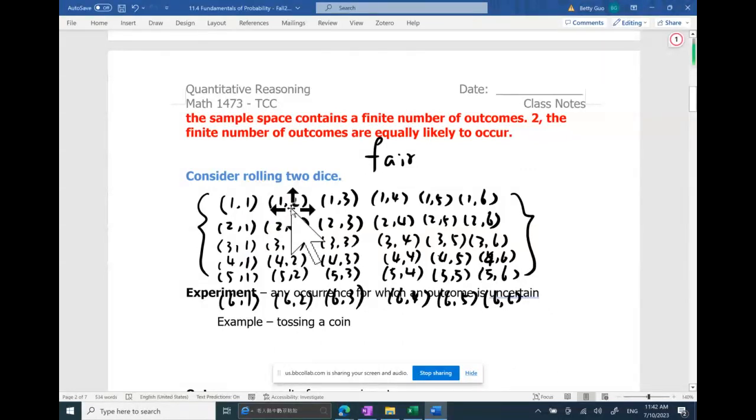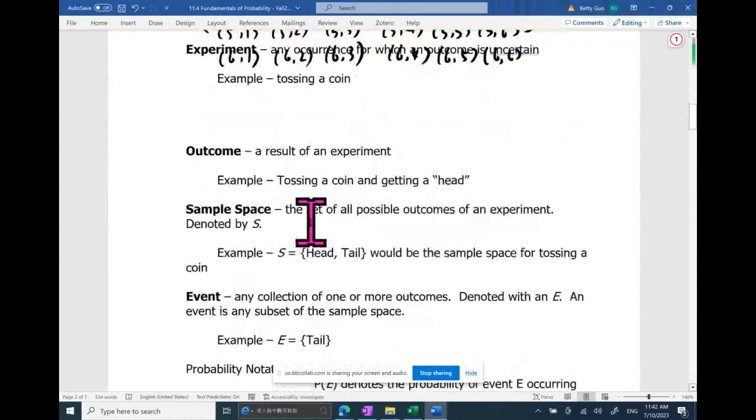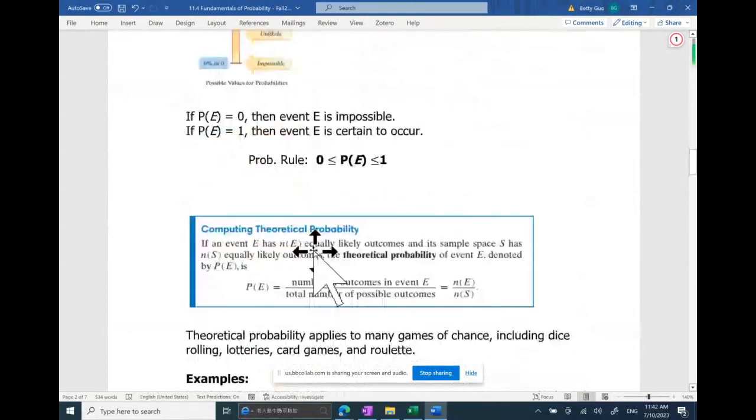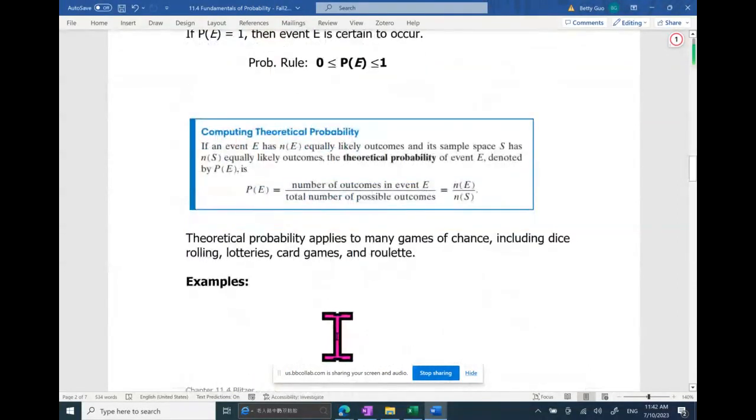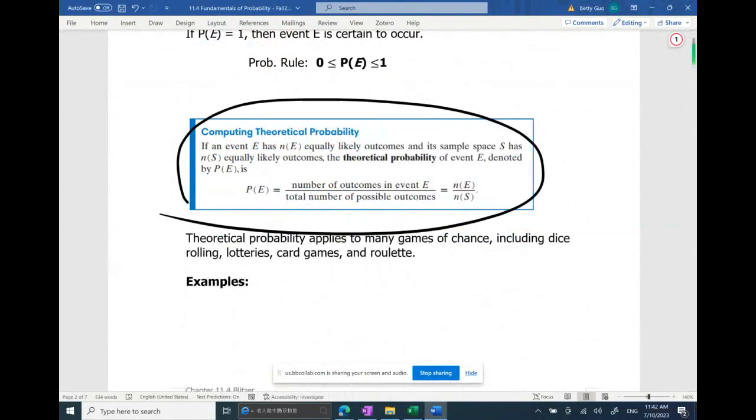If we have a theoretical probability model, then this is how we find the probability. Let me give you the formula. This is how we compute the value of the theoretical probability of an event.